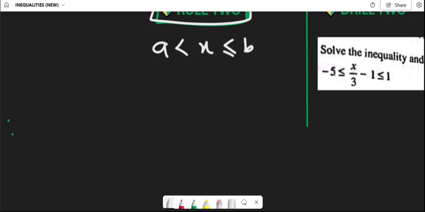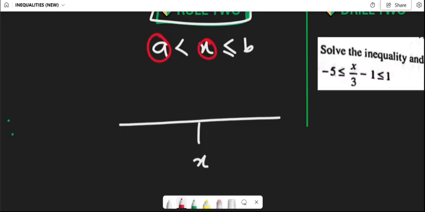Same thing, draw your number line. Here is your x. You know that your x is greater than a, but it is less than or equal to b. In this case, my b will be at one side, my a will be at the other side. So the question is, what will happen in the inequalities? If I want to draw for a, I'm going to have it in this way.